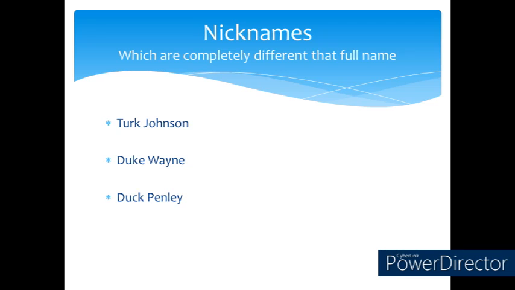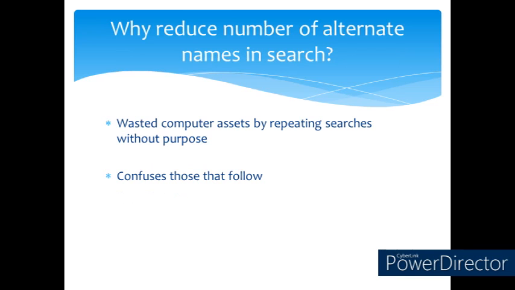The computer will do a separate search for each of these alternate names and often come up with unexpected additional clues. So why do we want to eliminate superfluous names? Every name in the alternate name area requires an additional search by the computer. Another copy of the same name just wastes resources.